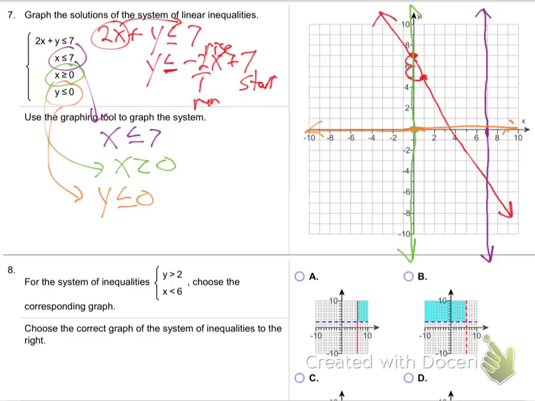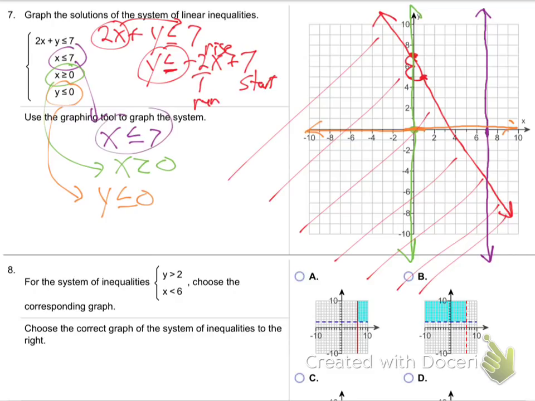Okay, now let's go back and do the shadings. Where's the red? Y is less than, so shade below the red. And then the purple. X is less than 7, so left of 7. Looking for where all the shadings overlap. Next comes the green.